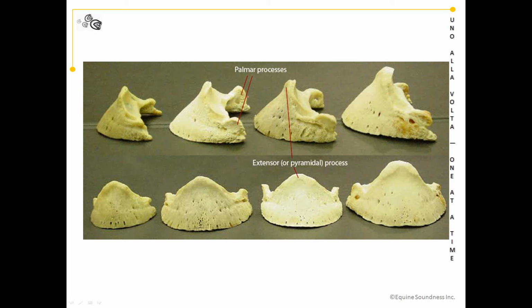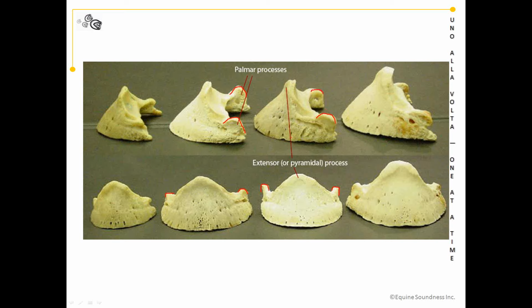And you see here where the palmar process is marked, this is actually a little bit the start of side bone. You have that here as well. And then you have it here a little bit more expressed. That's this ridge.